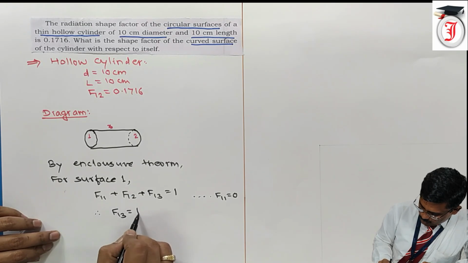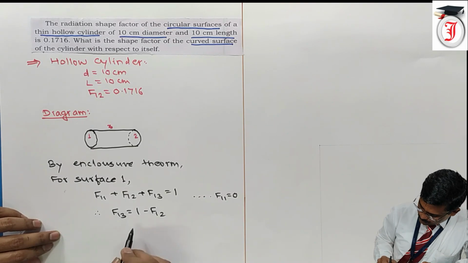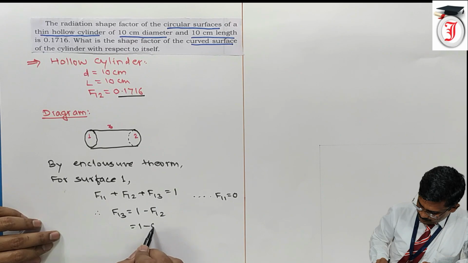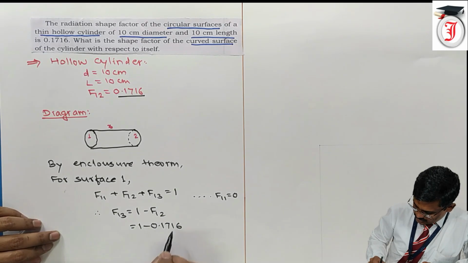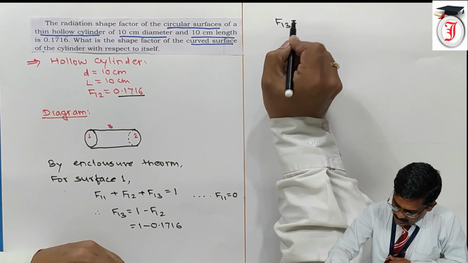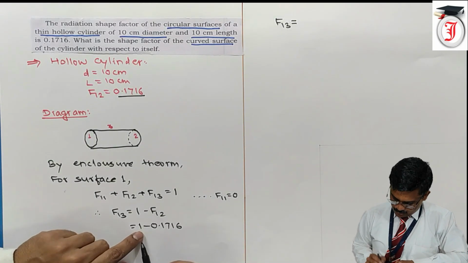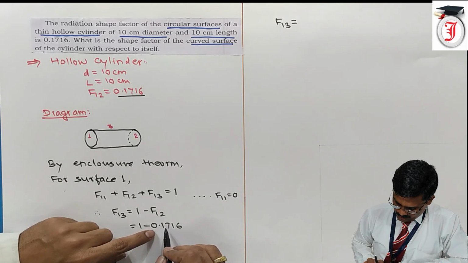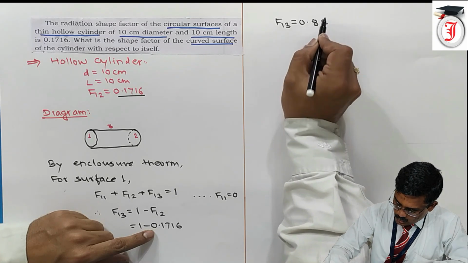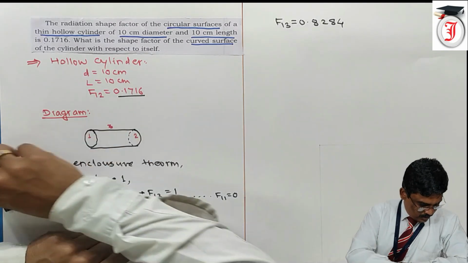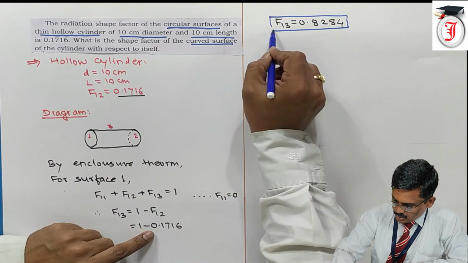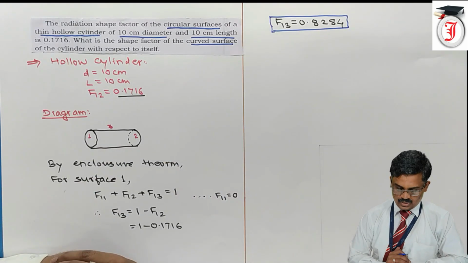F13 is equal to 1 minus F12, which is 1 minus 0.1716, equal to 0.8284. This is the radiation shape factor of surface 1 with respect to surface 3.